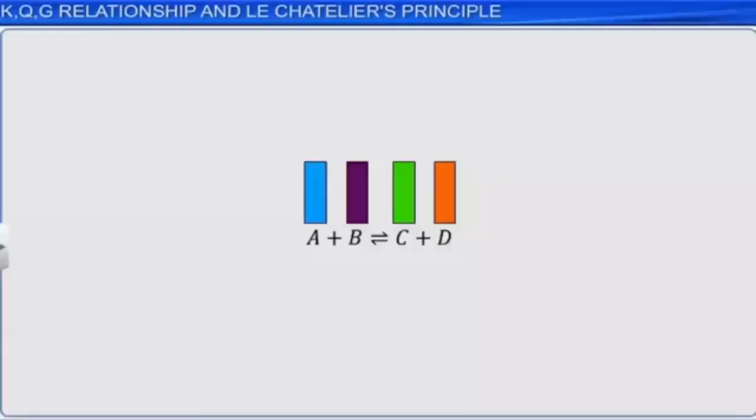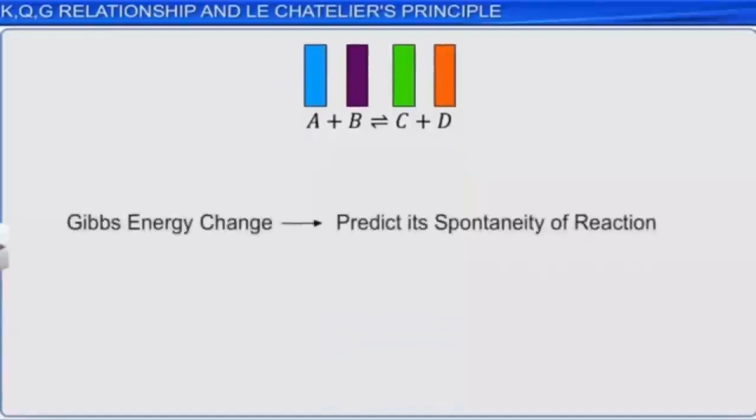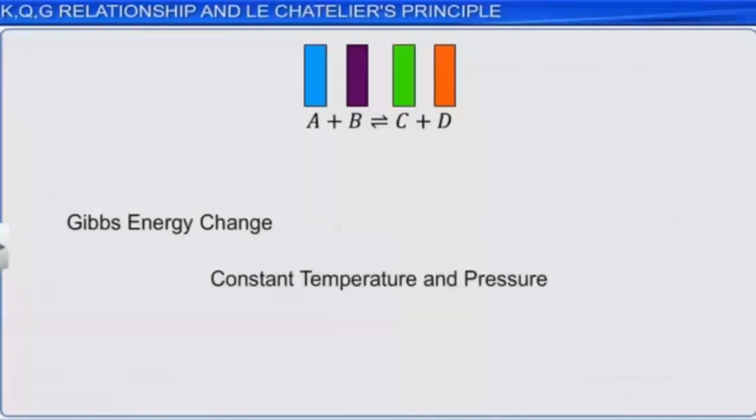According to thermodynamics, the knowledge of the sign and magnitude of the free energy change of a chemical reaction allows us to predict its spontaneity at constant temperature and pressure. The change in the Gibbs energy of a chemical reaction can be defined as the difference in the Gibbs energy of the products and that of the reactants.